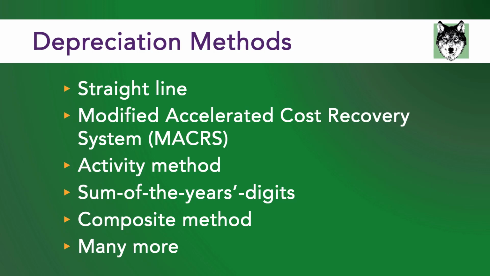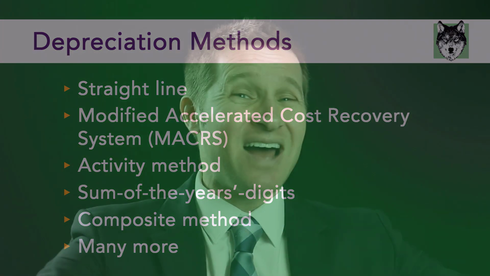You could even come up with your own method of doing depreciation. So there's a lot of different ways to do depreciation. Well, if you're a business owner, what do you do? What method do you use to calculate your depreciation? Well, the short answer for that is you hire a good accountant, because accountants are really good at this.